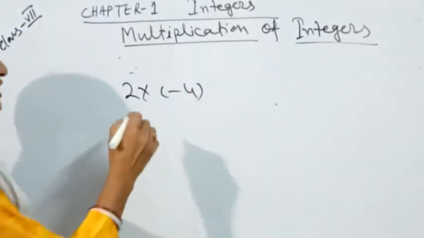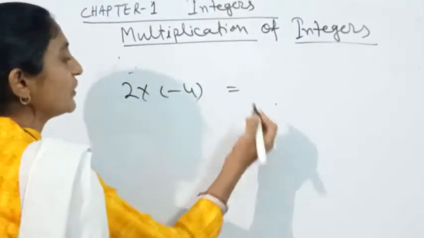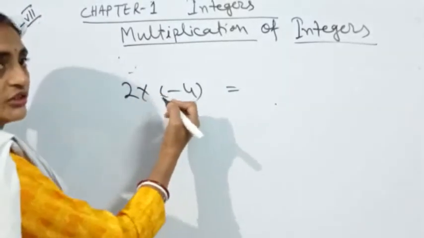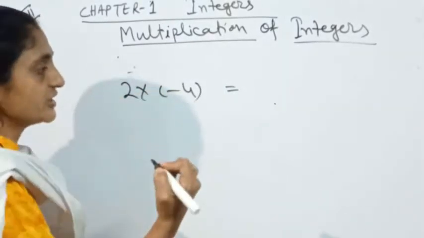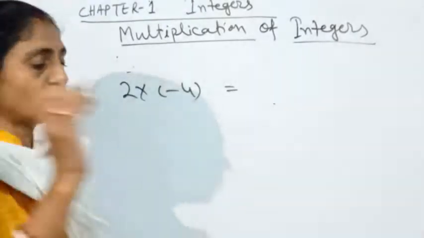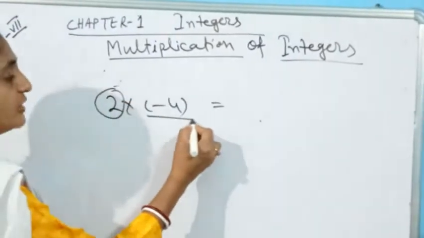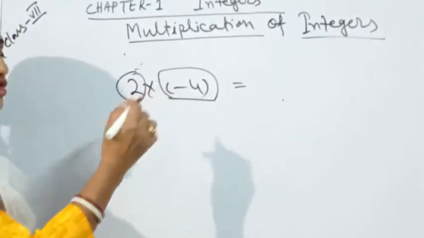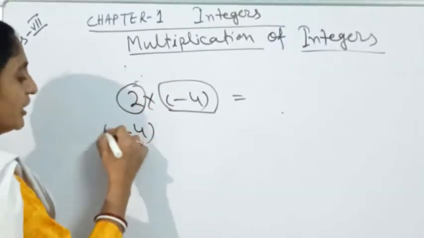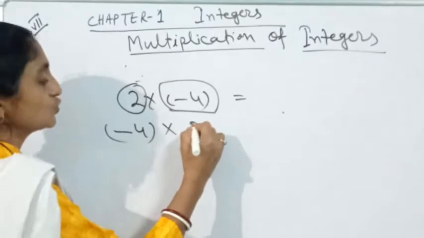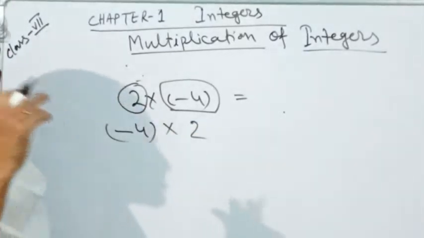Whatever product you get, if I change their order, the sequence of these two integers, will the result be the same or not? The first one I have taken 2, the second one minus 4. Now I am changing their order. First I take minus 4 and multiply it with 2. Will the result be the same or not?